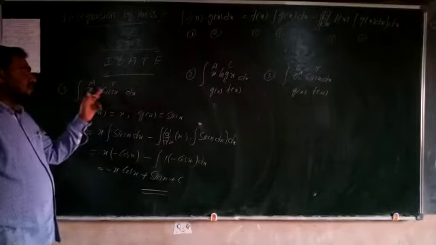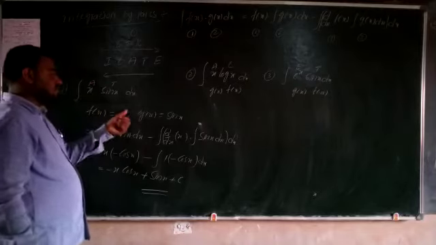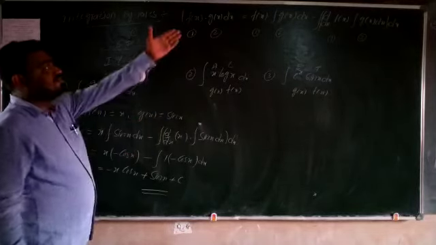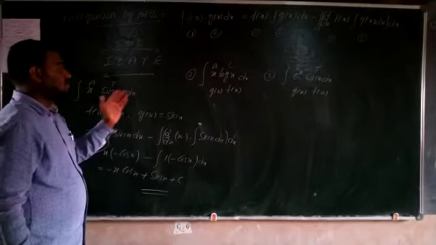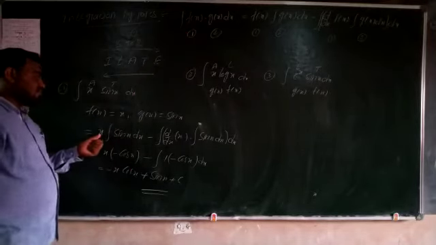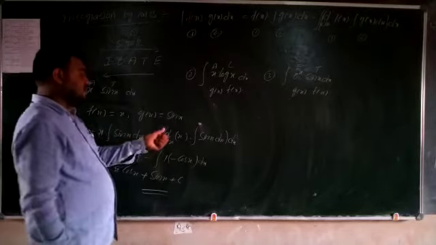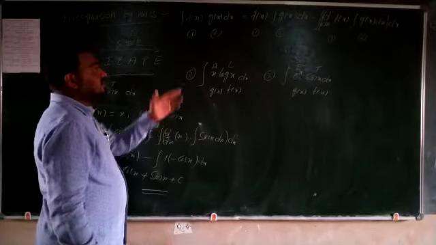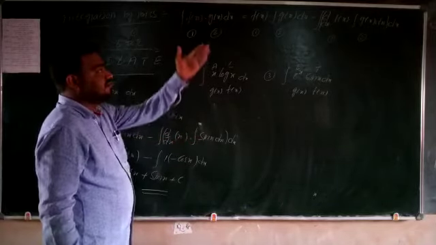Again, integration of x into sin x dx. x is an algebraic function, sin x is a trigonometric function. So f of x is x, g of x is sin x. You substitute in that equation. It is in the form integration of f of x into g of x dx equals f of x into integration of g of x dx minus integration of derivative of f of x into integration of g of x.